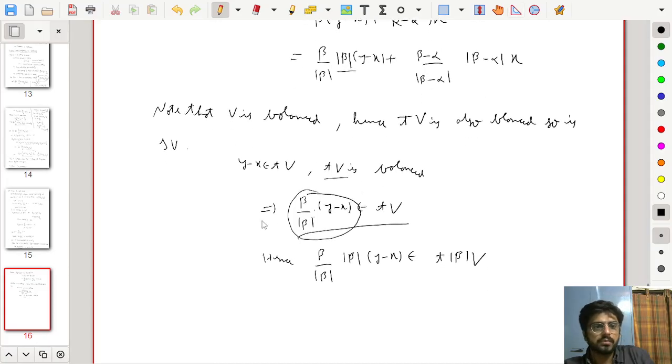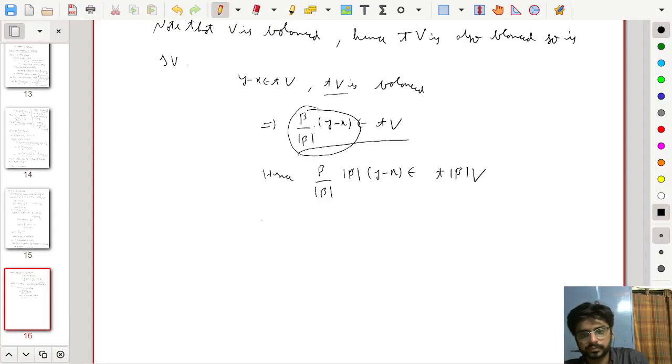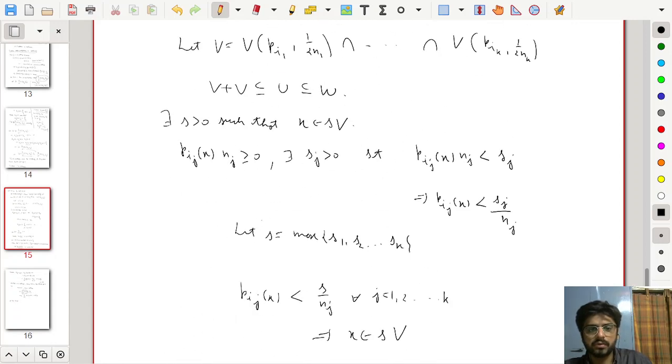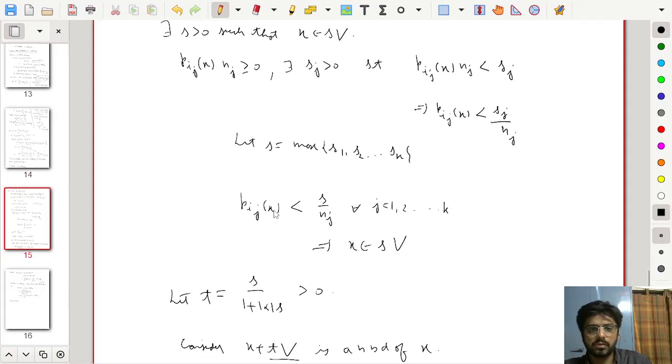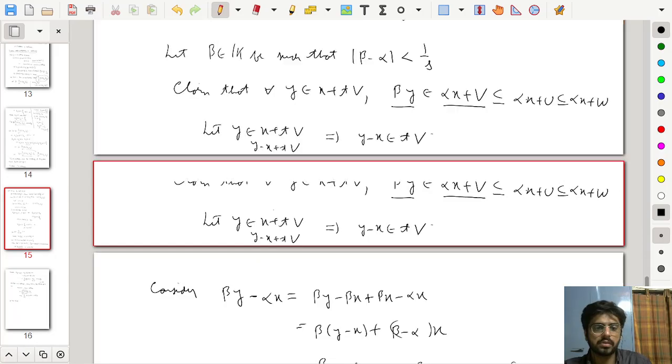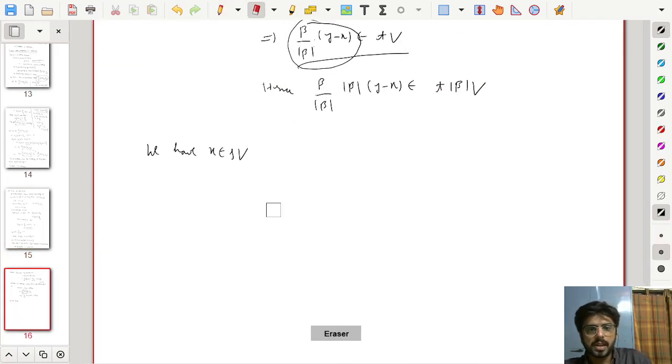Okay, what do we have here? We have x belongs to s times V, right? Where is this coming from? From here, right? x belongs to s times V. s times V is balanced.